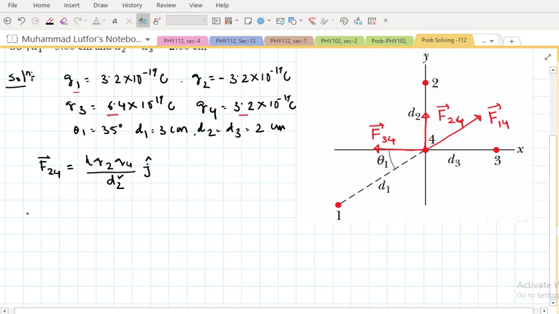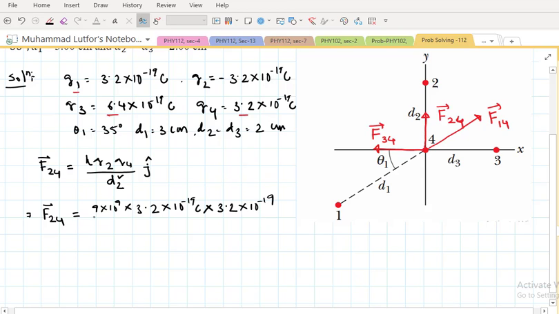Now if I plug in the values, K is 9 times 10 to the power 9, Q2 is 3.2 times 10 to the minus 19 coulomb, and Q4 is also 3.2 times 10 to the minus 19 coulomb.